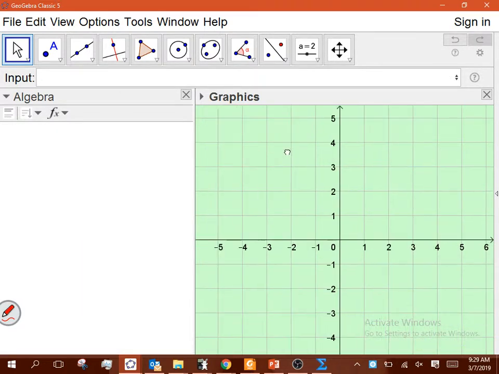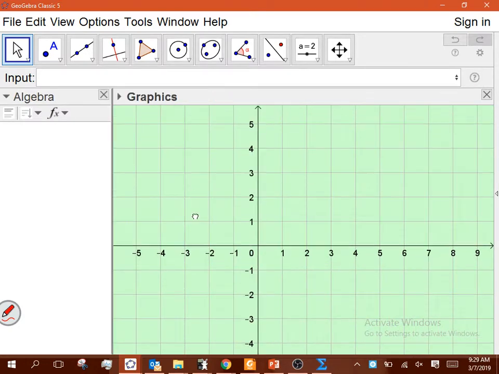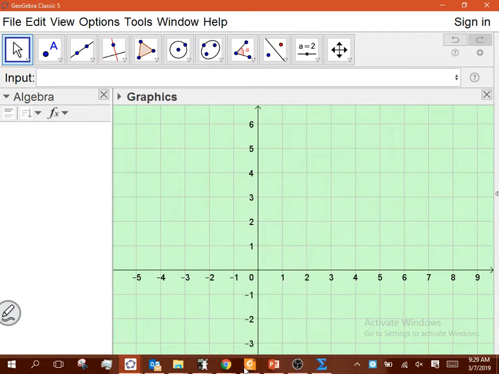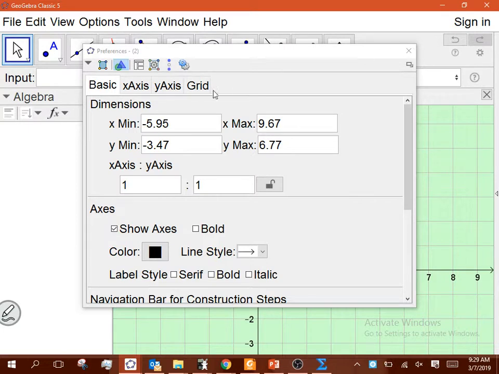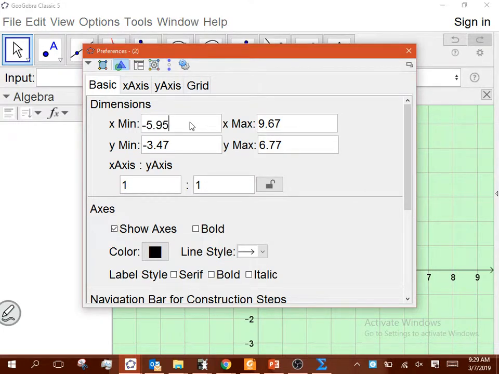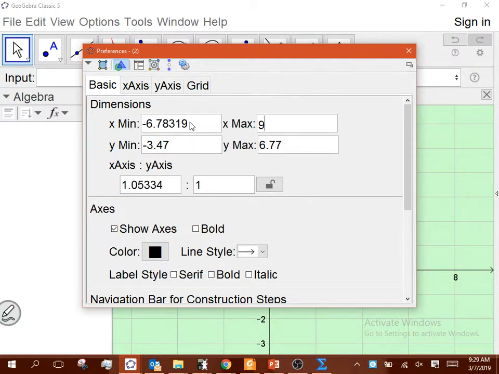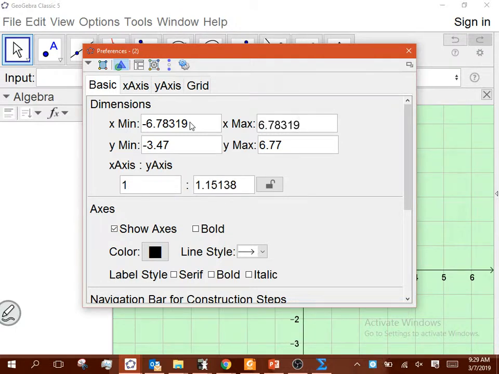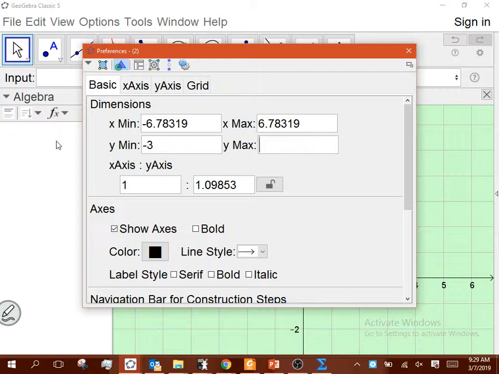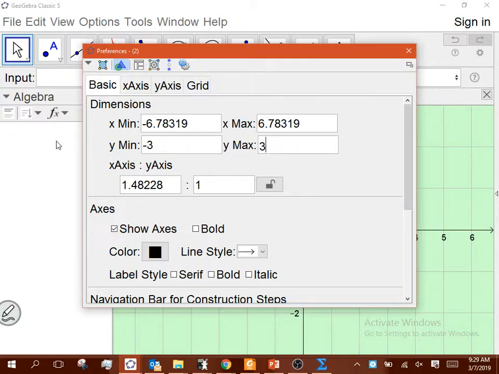Okay, so let's parallel that, if we understand that concept from college algebra, and look at the sine function. I want to go from negative 2 pi minus a half to 2 pi plus a half. Let's go y minimum negative 3 to positive 3.